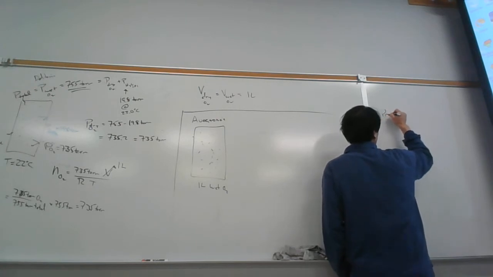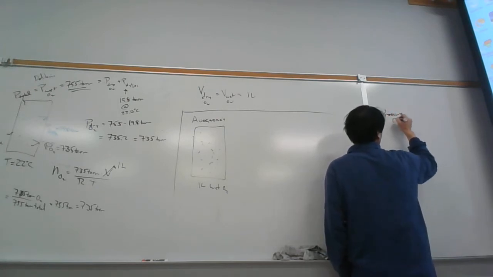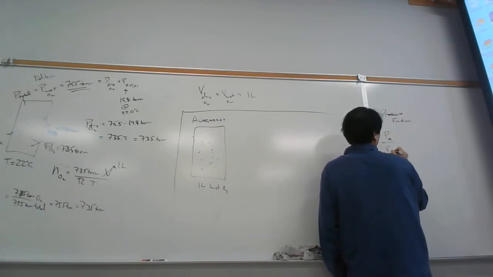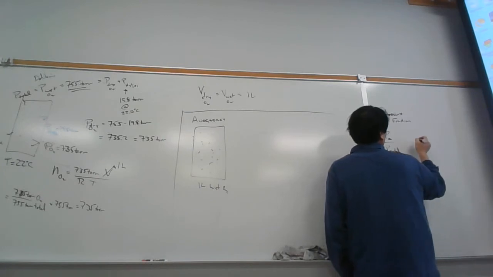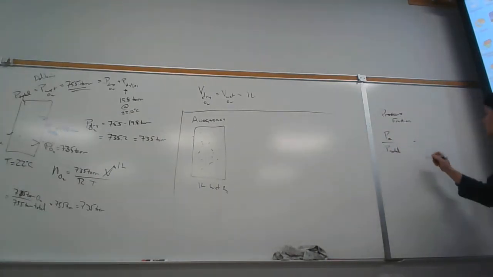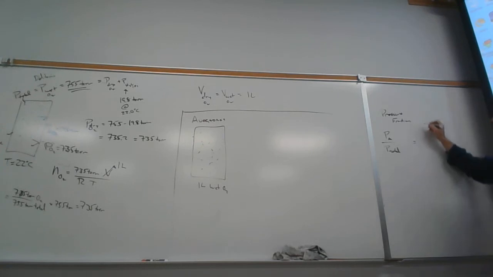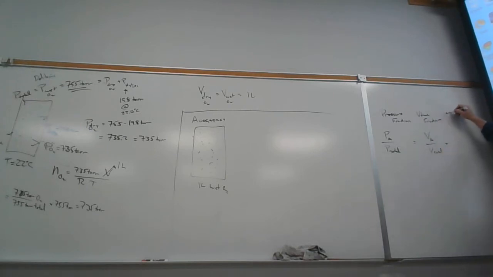The pressure fraction, which is PA over P total, in this case A being the oxygen, is going to equal the volume fraction, which is VA over V total, which is going to equal the mole fraction, which is NA over N total.